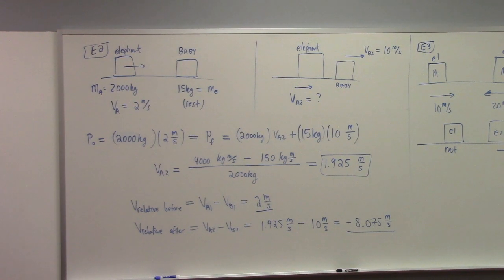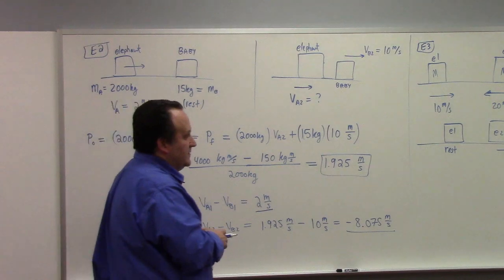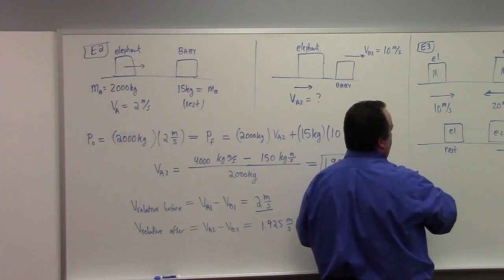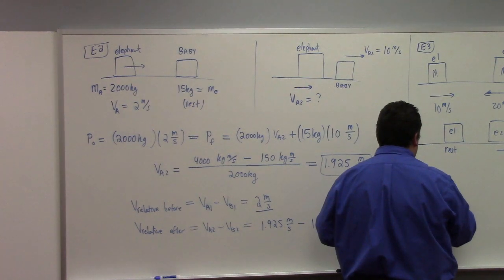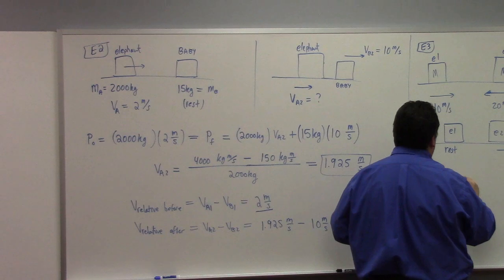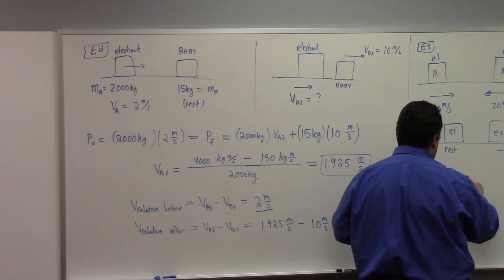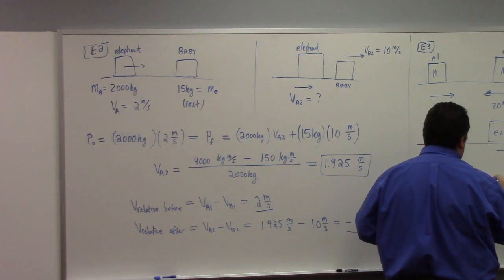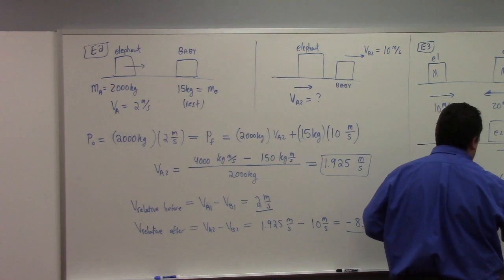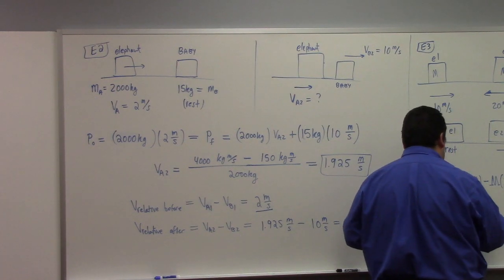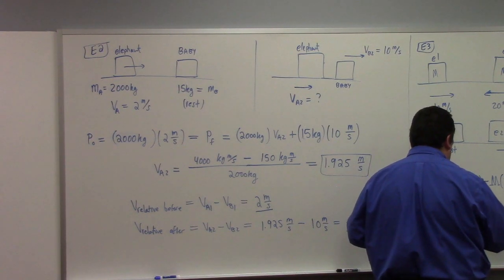The answer is no. The reason is pretty simple. If you look at the net momentum before the collision, you'd have the mass times 10 meters per second minus the mass times 20 meters per second, using left as negative. So the net momentum is minus mass times 10 meters per second.